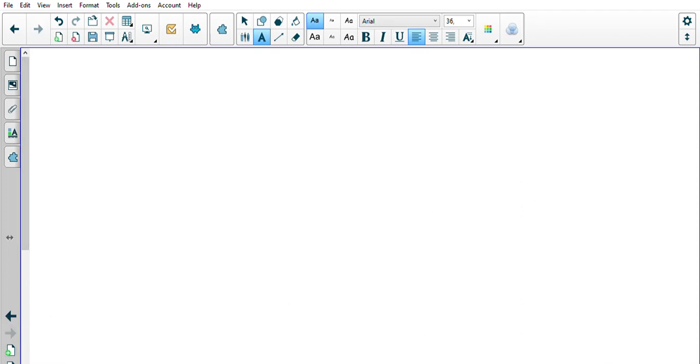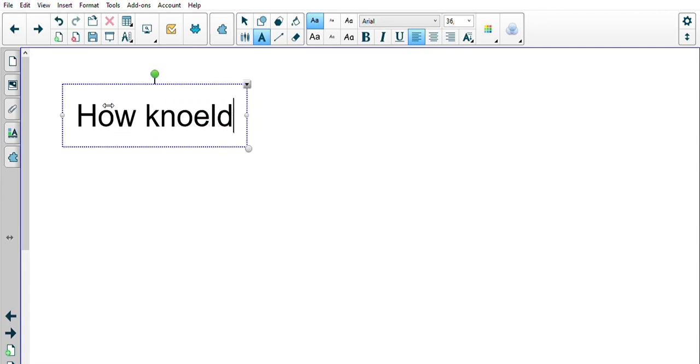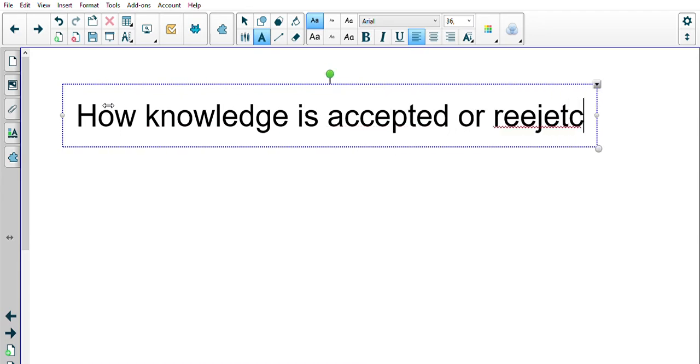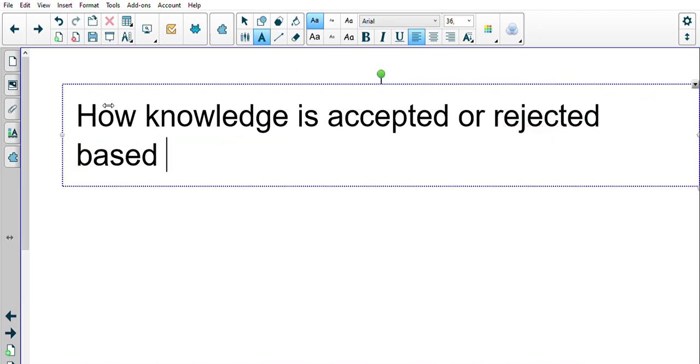One last thing that I'm just going to deal with here as a sort of AIM 3 perspective is the AIM 3 section that talks about how knowledge is accepted or rejected based on preconceived ideas.